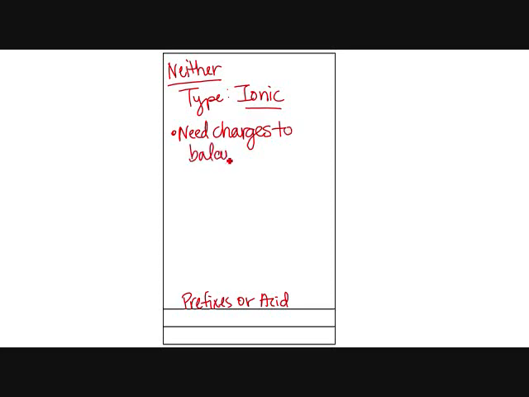And remember, there's 2 ways to do that. You can cross them down, you can count them out. However, in order to write it, you need the charges to balance them to 0. Okay, so now that we know that it's ionic, there are some special cases when it's ionic. It could have a Roman numeral.